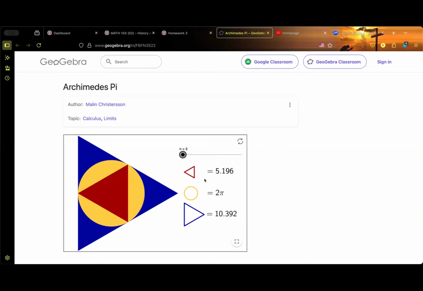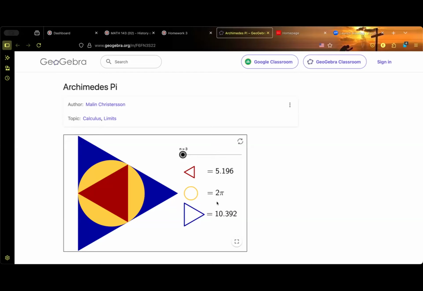So for n equals 3, this creates a three-sided triangle with a perimeter of 10.392. Thus, we're finding an approximation for 2 pi, which lies between 5.196 and 10.392. Archimedes found methods to find the distance around the circle that were equal to the diameter, which was the circle inside the shape.